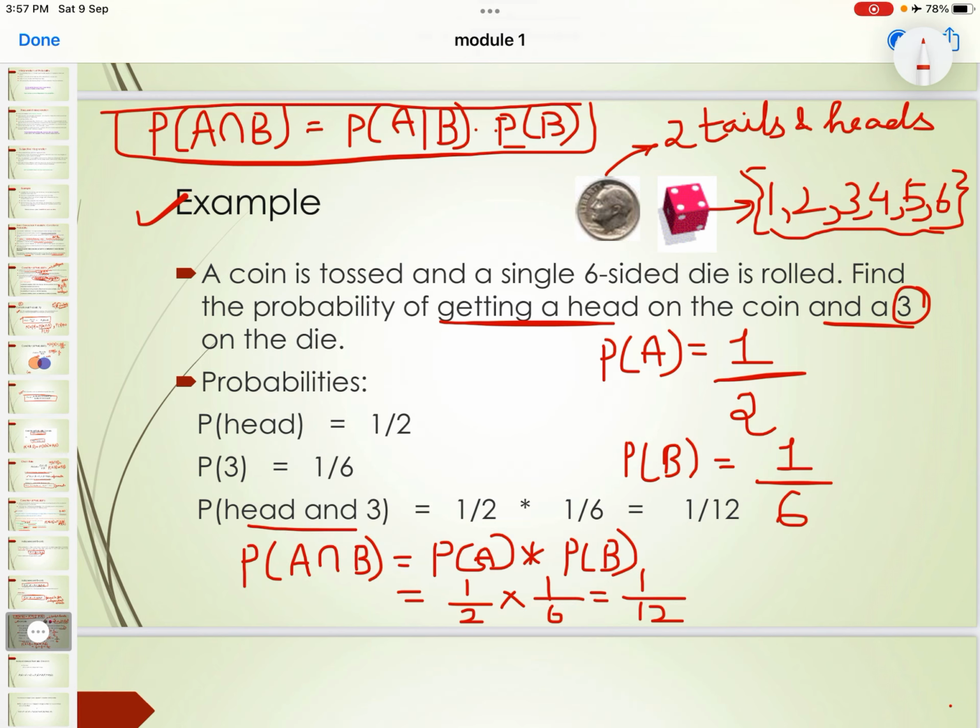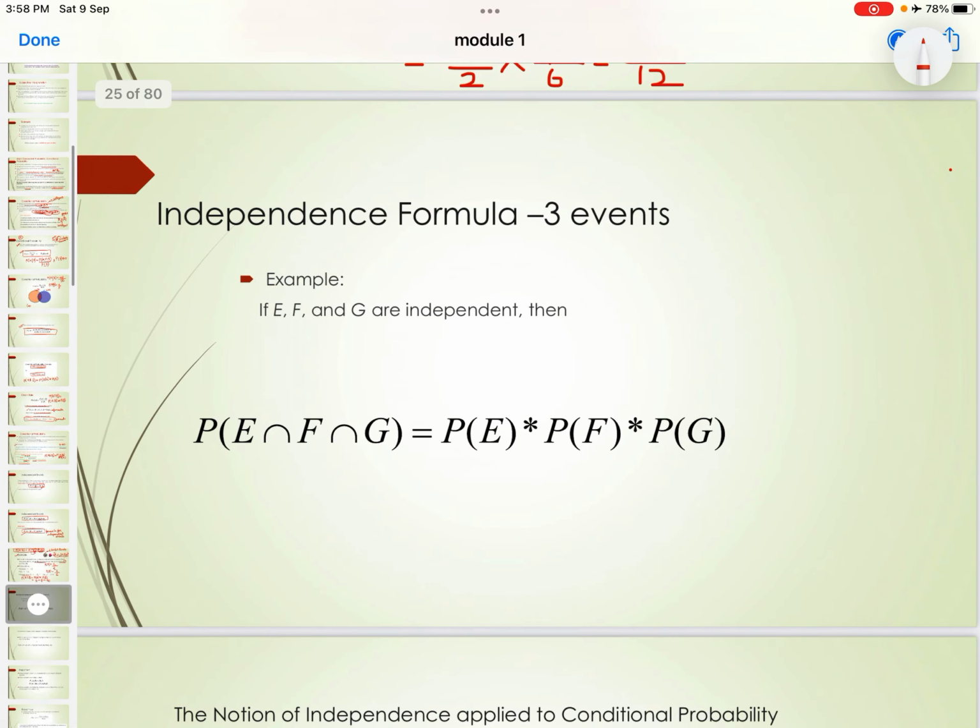So why is this P given B? Because A is dependent on B. So B will come in the denominator, so we multiply that B in the numerator. And for independent events, A intersection B is P of A into P of B.